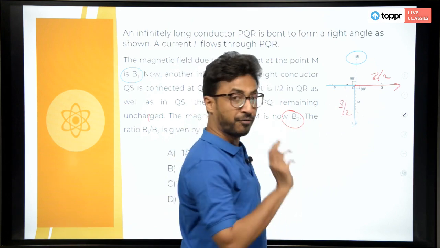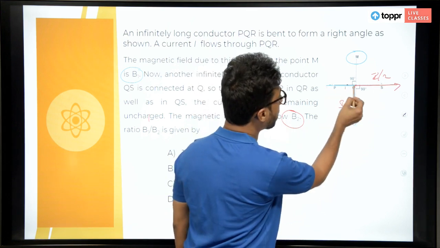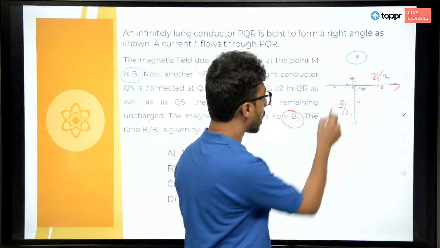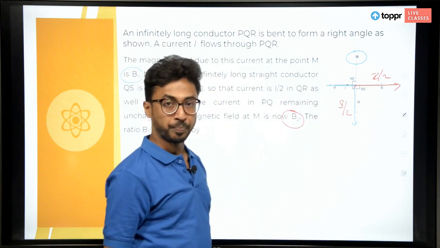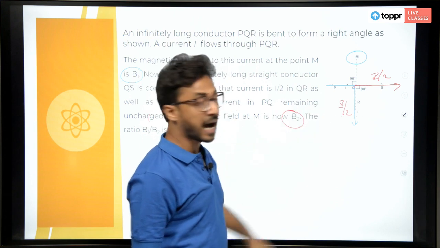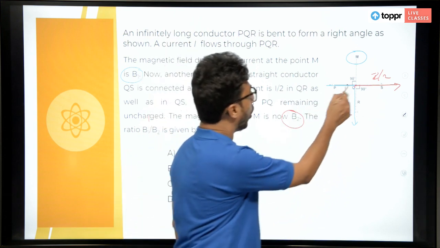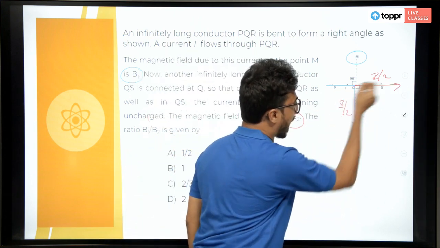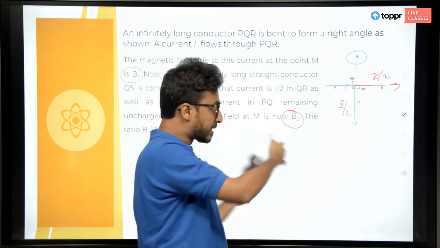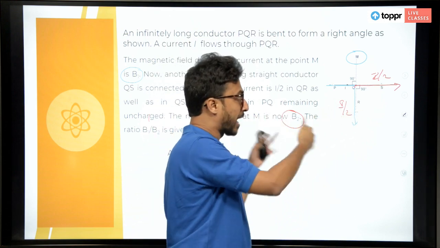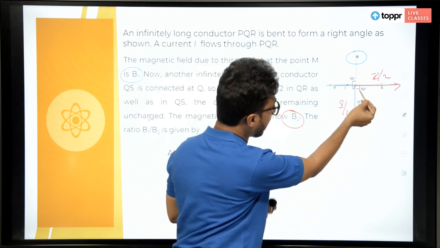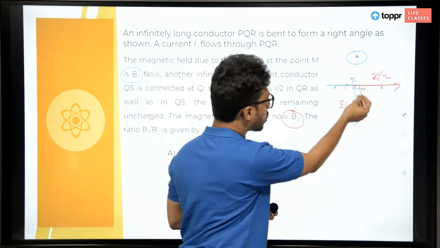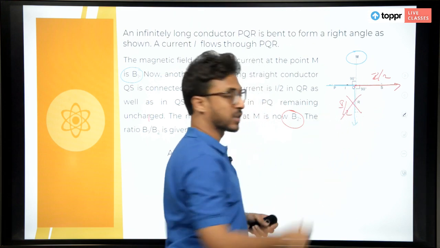So the magnetic field will be generated only by PQ, right? So the magnetic field B1 is only by PQ, where the current is I. Now, when we have joined another conductor which is carrying I by 2 current, again I by 2 is flowing through QR, so QR is not coming into picture.